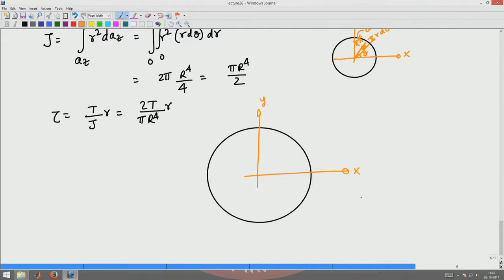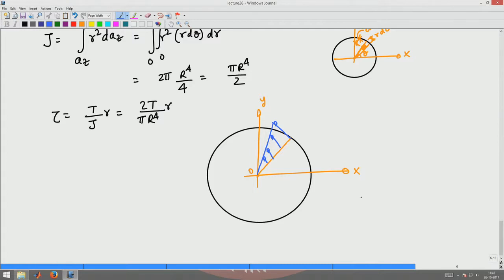I know that the shear stress is varying linearly radially, which means at the center where r is 0, the shear stress is 0, and then at some radial distance r, the shear stress is going to vary linearly like that.